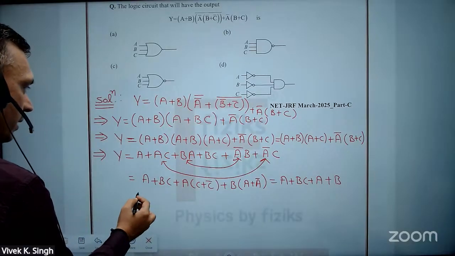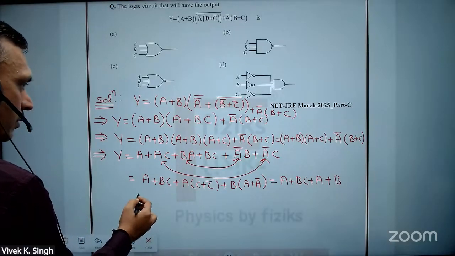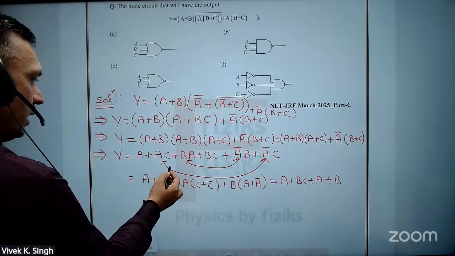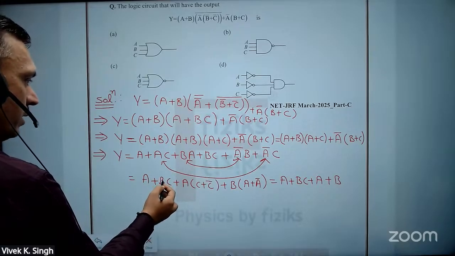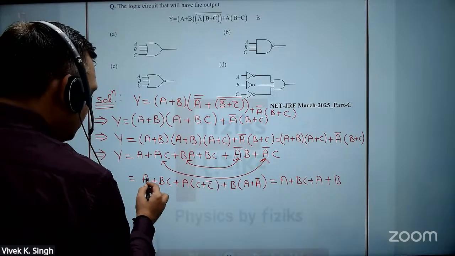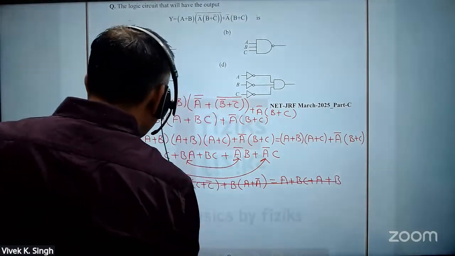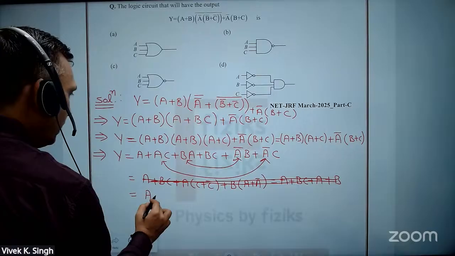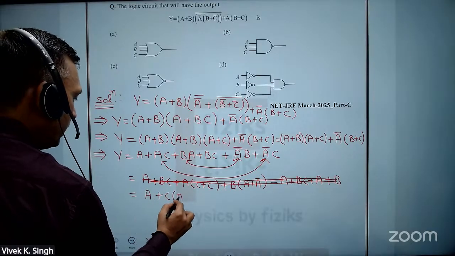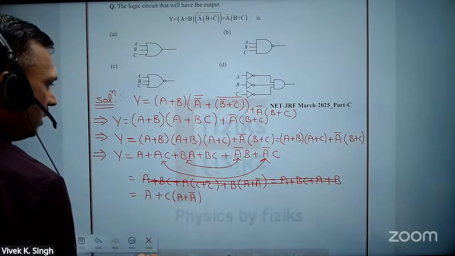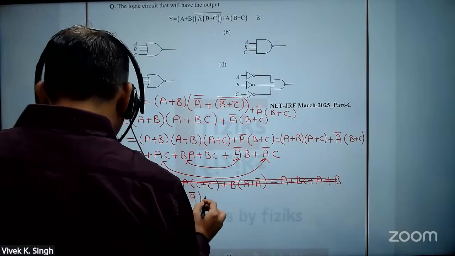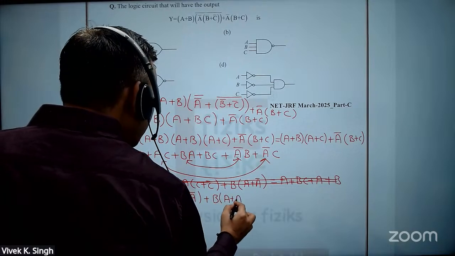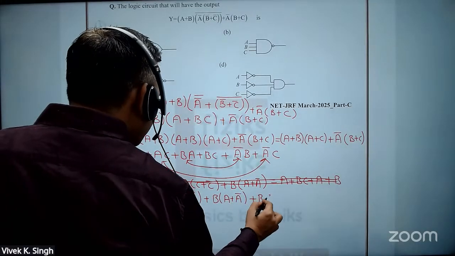Now if you take C common from these two terms, let's rewrite this. So this will be A, plus if you take C common, you will get A or A bar. And from here, if you take B common, that will give you A and A bar. And then you have BC here.